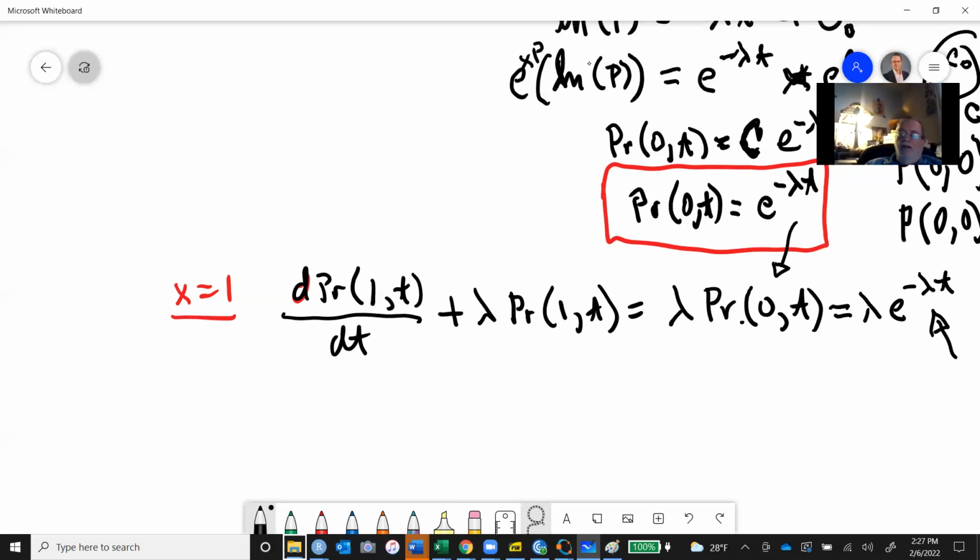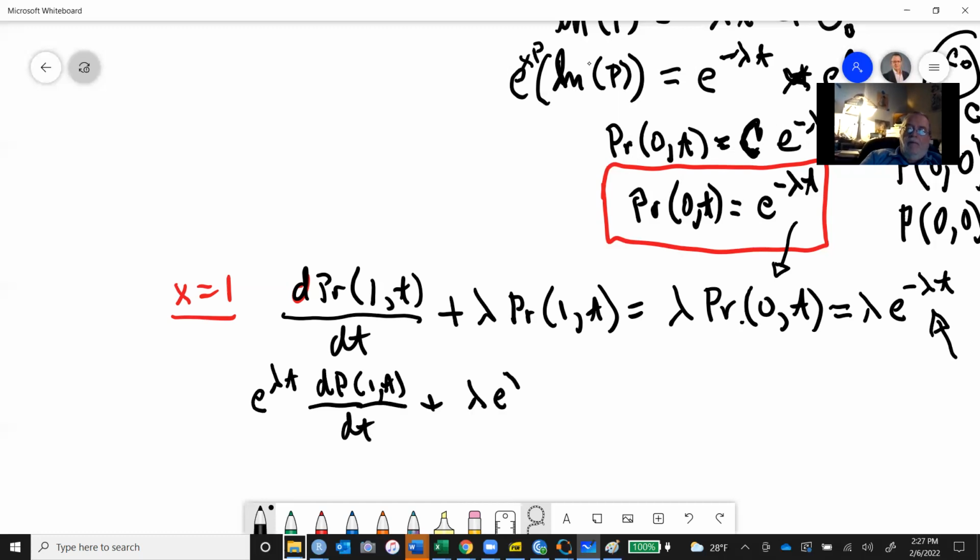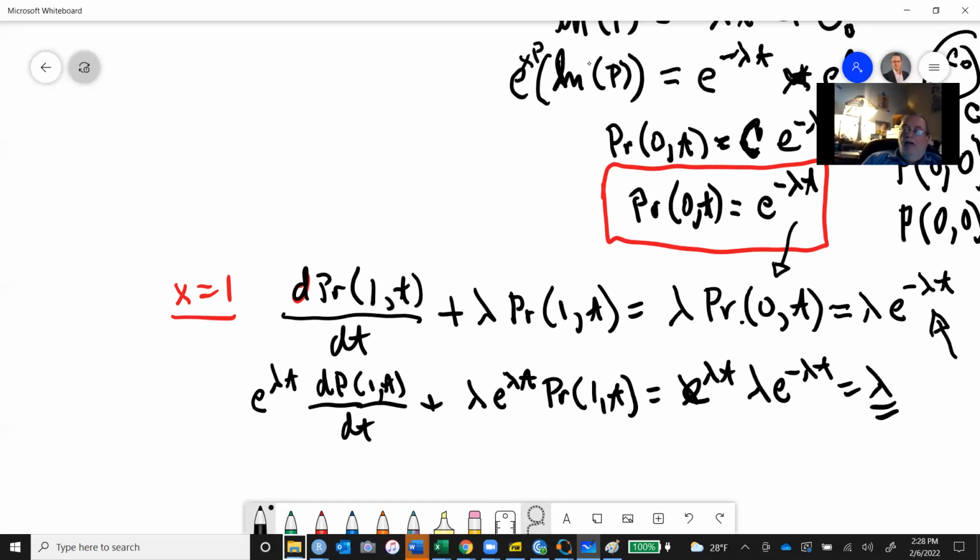I want to eliminate this weird function over here, so I multiply both sides. Light bulbs may be going off here. We're back to little old lambda there.